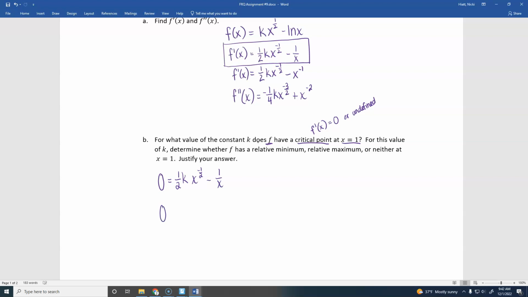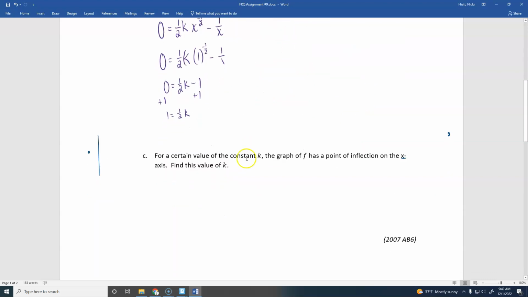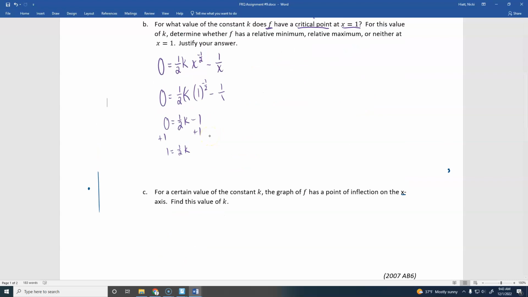So I got 0 equals 1/2 times k times 1 to the negative 1/2 minus 1 over 1. What is 1 to any power? 1. So this is just going to be 0 equals 1/2 k minus 1. So we could add 1 to both sides. 1 equals 1/2 k. And then you could either multiply by 2 or divide by 1/2. Either way, you're going to get 2 for your k.